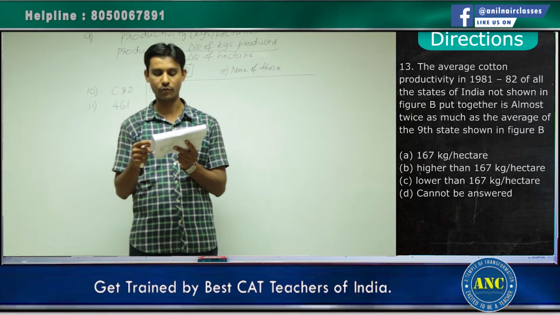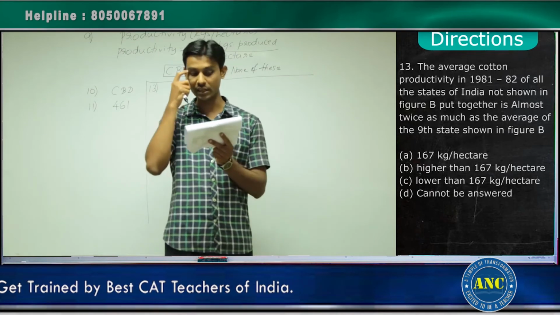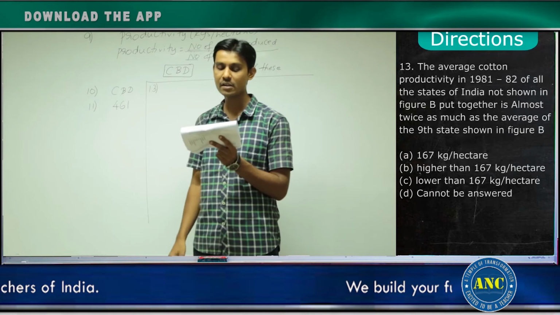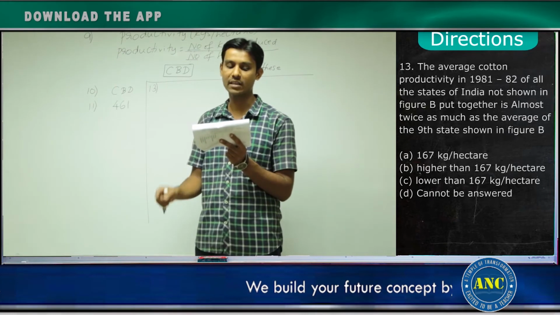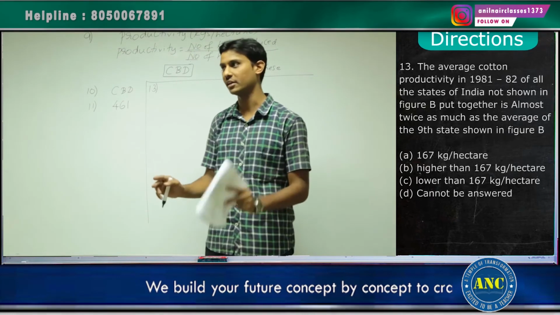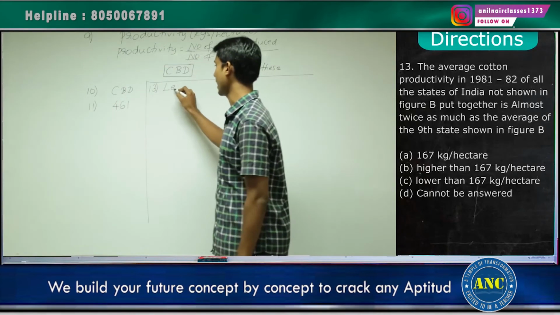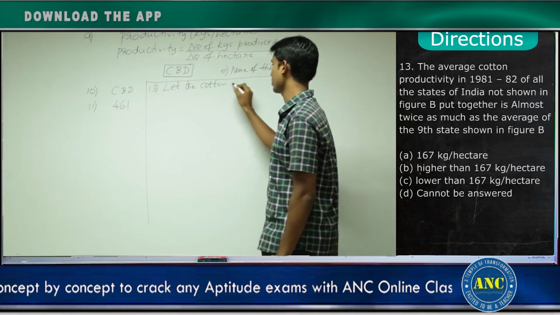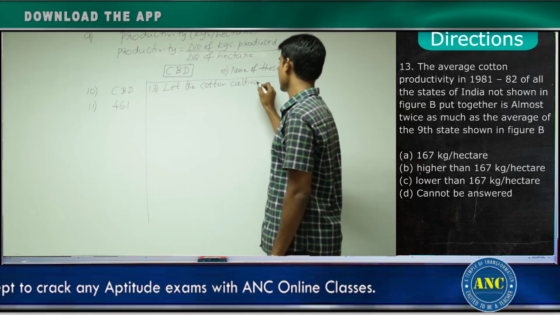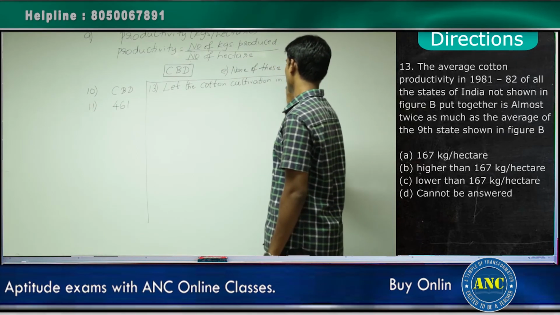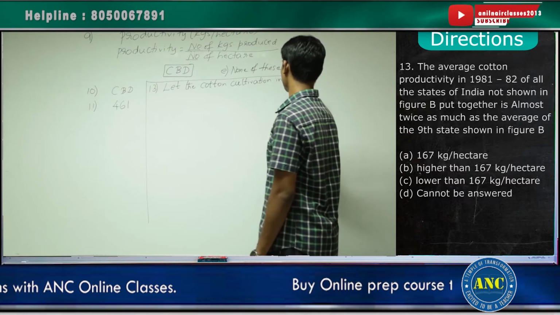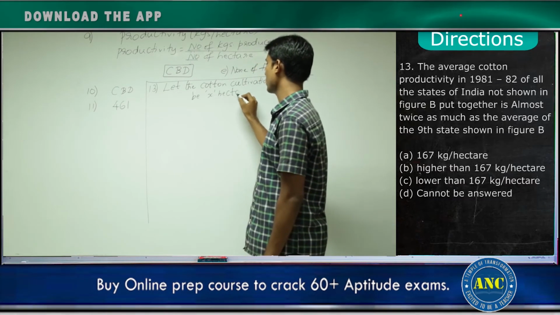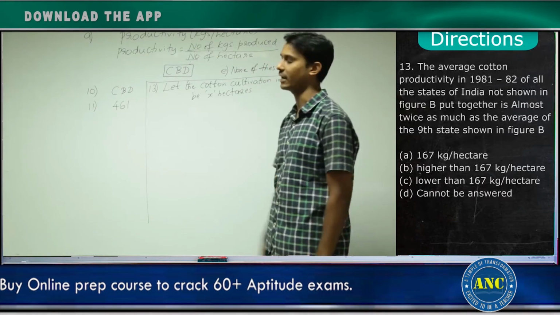What the question is telling is that the total number of hectares under cotton cultivation in Haryana is 4 times as many as in Israel. That means I will assume the cotton cultivation in Israel as X hectares.